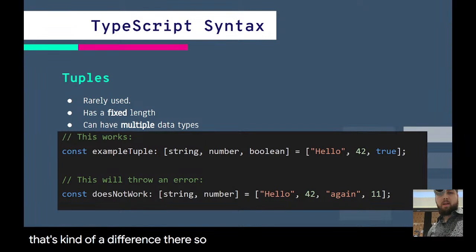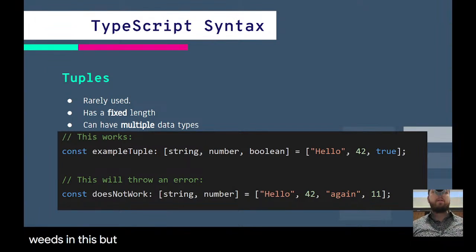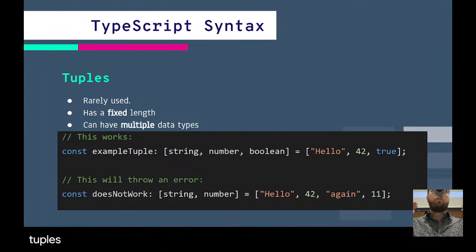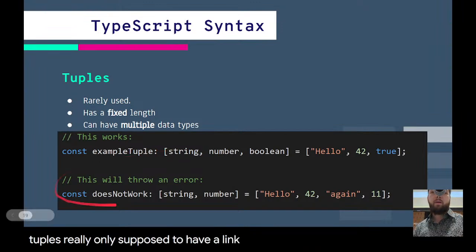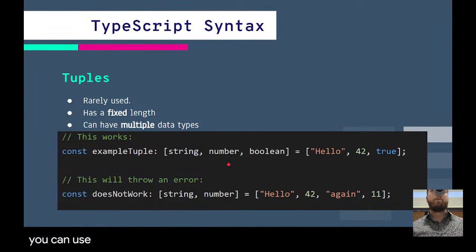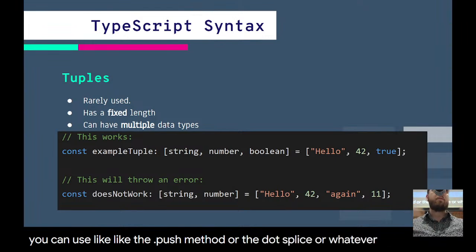I don't need to go too far in the weeds in this, but it's possible to break how tuples are intended to work. A tuple's really only supposed to have a length that you define here, but I believe you can use the dot push method or the dot splice or whatever all of the different array methods are.